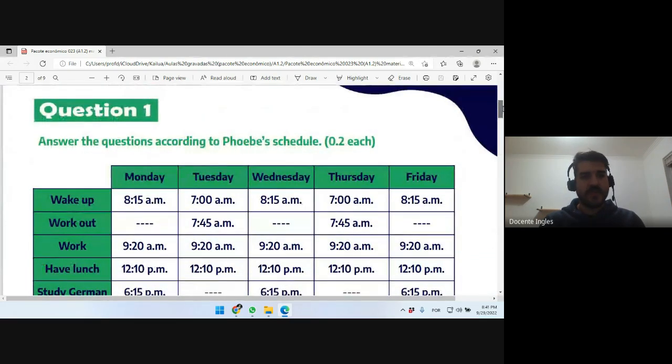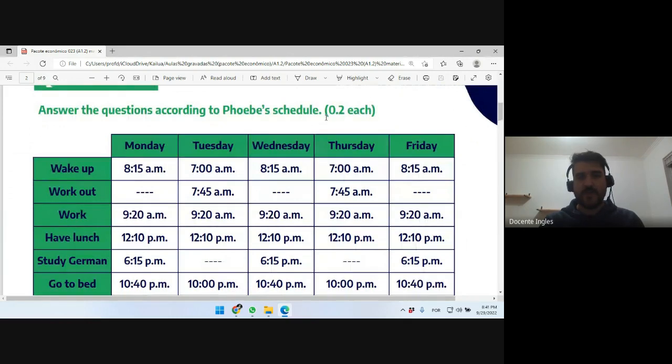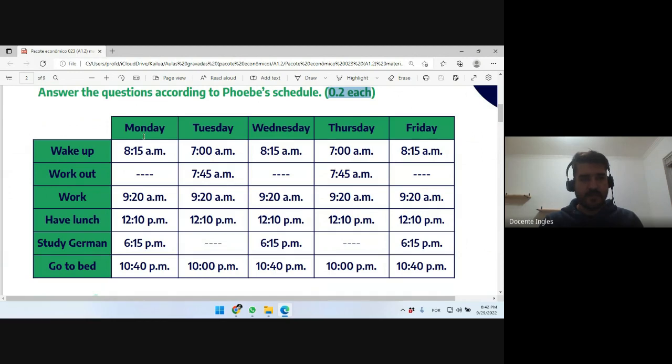So question 1 we have, answer the questions according to Phoebe's schedule, 0.2 each. Então, cada pergunta vale 0.2. Here we have the schedule. Monday, Tuesday, Wednesday, Thursday, Friday, and the activities. Wake up, work out, work, have lunch, study German, go to bed. And here we have the time.